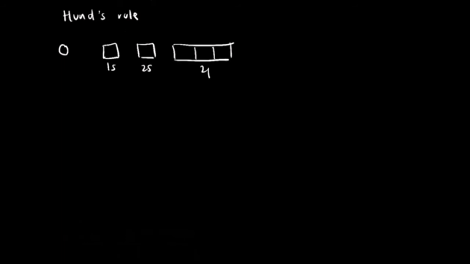Right, so we have 2 electrons in 1s, 2 electrons in 2s, and 4 electrons to be filled in 2p. According to Hund's rule, we have to fill in the electrons singly in each orbital first before we pair up the last electron. So this is correct according to Hund's rule. And this representation of the arrow in box diagram is wrong because it doesn't follow Hund's rule.